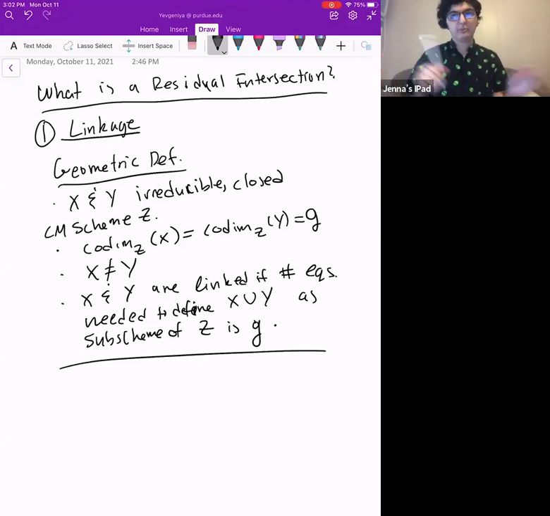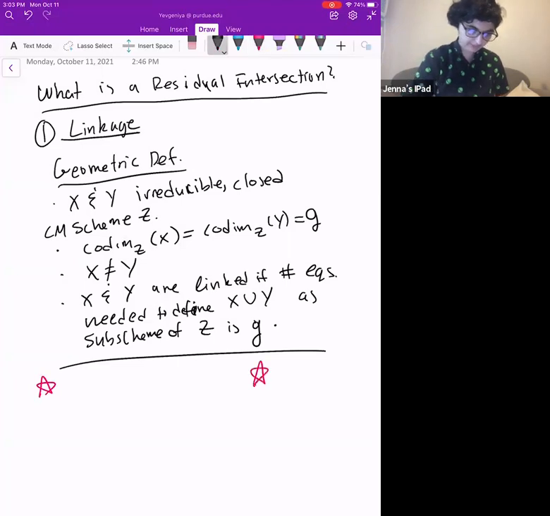So for the geometers out there, hopefully that is useful, but this is a commutative algebra talk, so we're going to want an algebraic definition. And this is the definition I really want you to pay attention to. So if you didn't understand the geometric definition, don't worry about that.